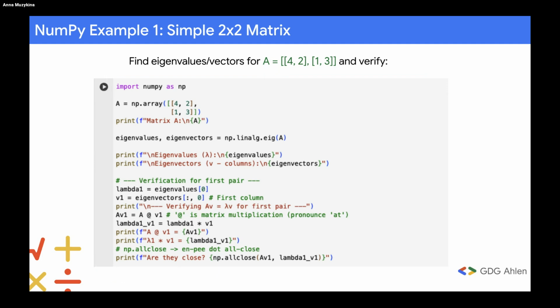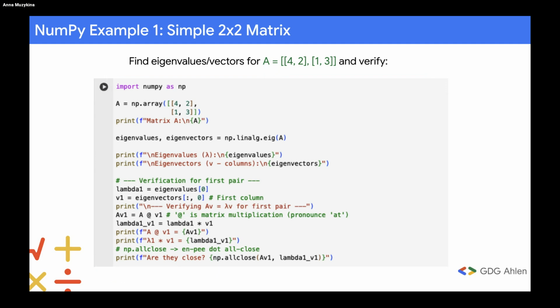Now let's verify the fundamental relationship, A V equals lambda V. For the first pair, we take the first eigenvalue, lambda first, which equals 5. We take the first eigenvector V1, which is the first column of the eigenvectors matrix.